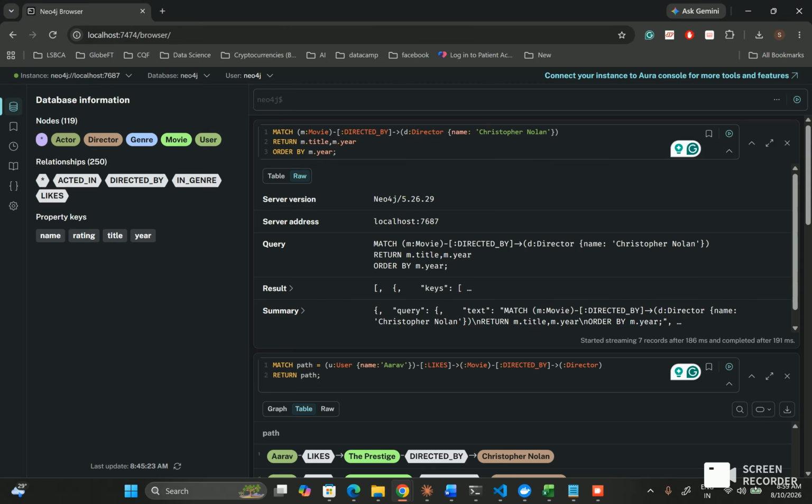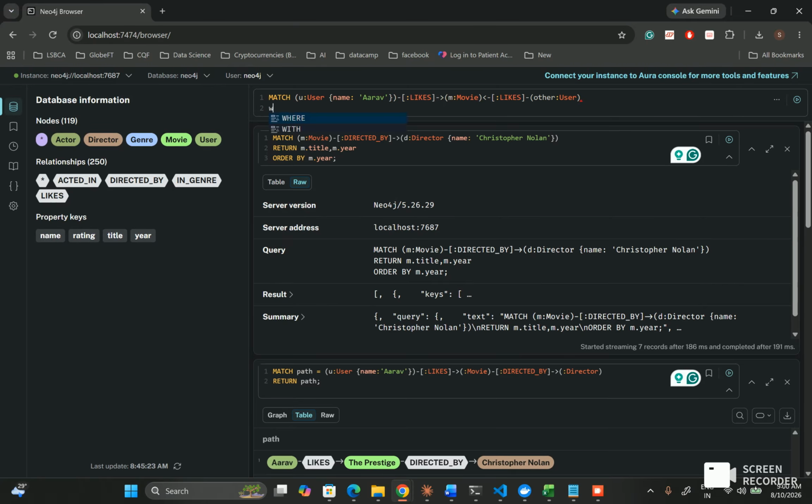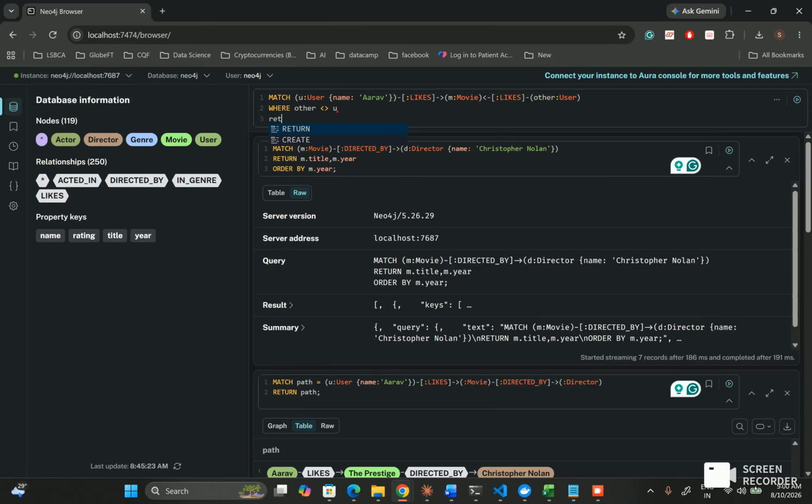Match user name Arav likes movie, likes other user, where, that is filter, return other.name, m.title.